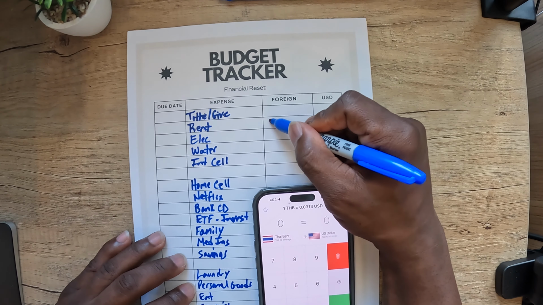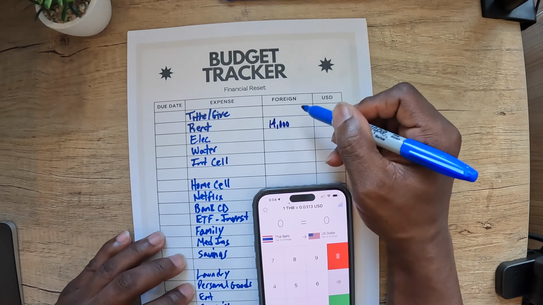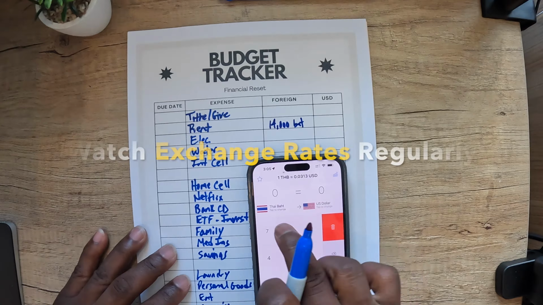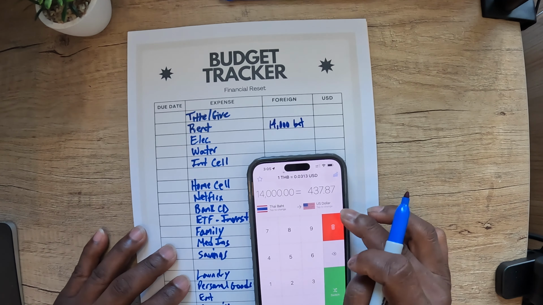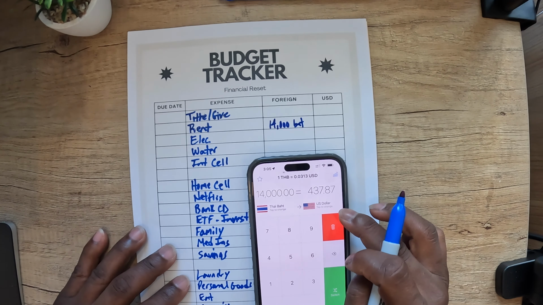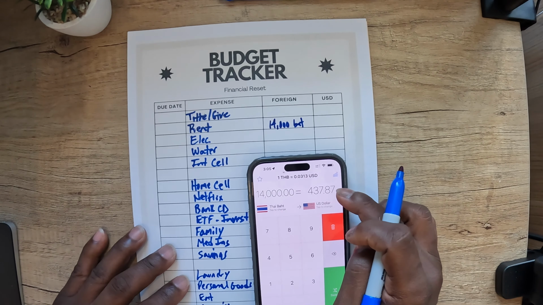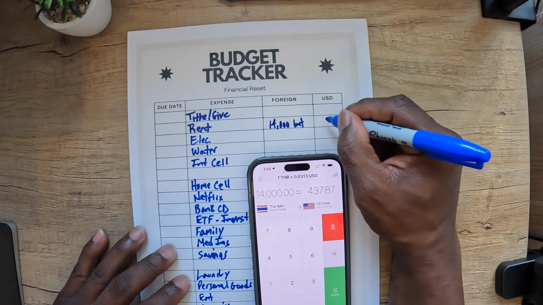But for me and my comfort, the amount is 14,000 baht per month, which, at the exchange rate for USD, is $437.87. And to keep things simple and easy for me, I just round up to the next whole dollar. So $438.